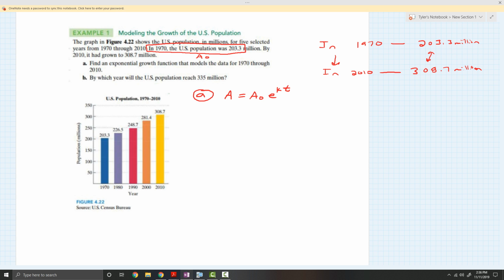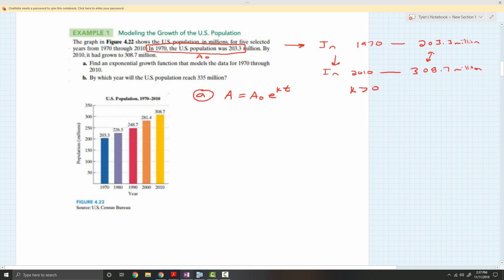So we know we're going to have growth. So maybe just a note to yourself is I know that k is going to be positive, because we have growth. And then another way to think about it is, again, this is information about A sub naught.